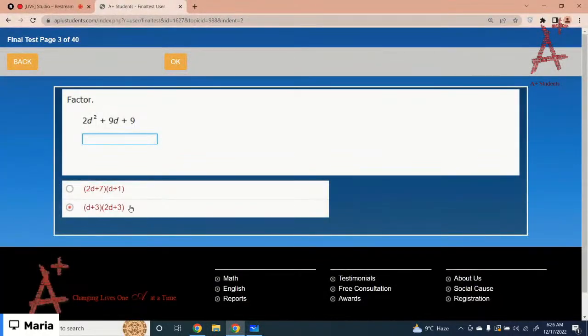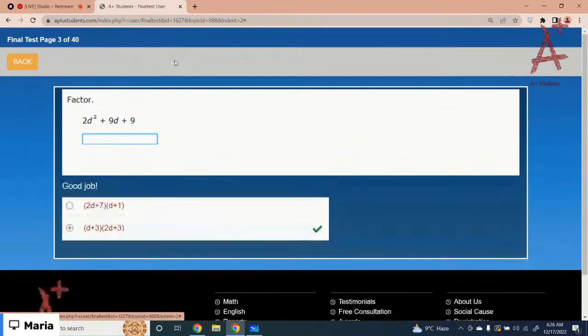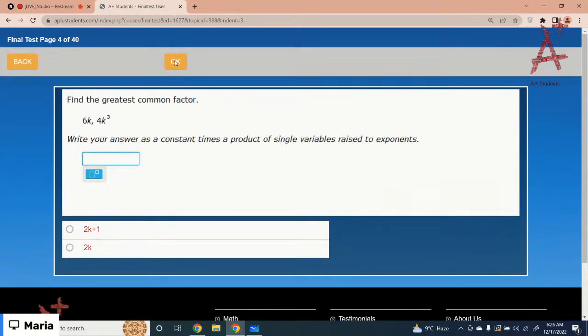Select the correct option, then click on the OK button. Okay, find the greatest common factor of 6k and 4k cube. The greatest common factor is a number that can divide both the numbers completely.